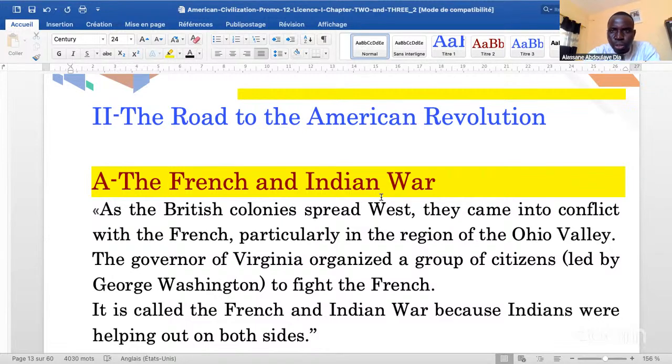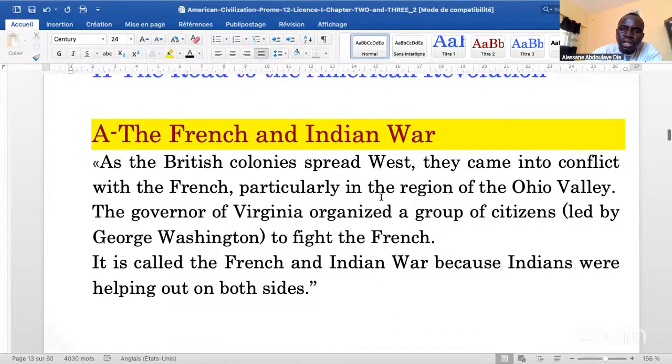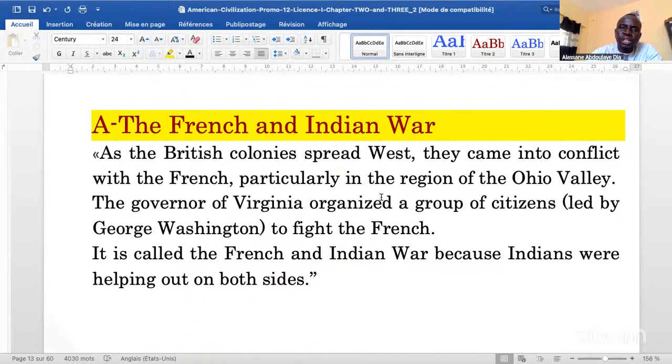Now, the road to the American Revolution. I need to tell you how the American Revolution happened and what happened during the American Revolution. First, let us start with the French and Indian War. The British colonies spread west. They came into conflict with the French, particularly in the region of the Ohio Valley.